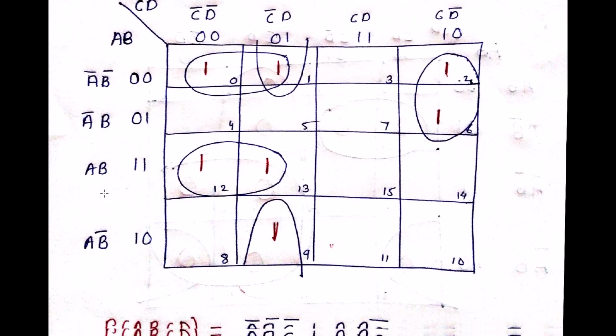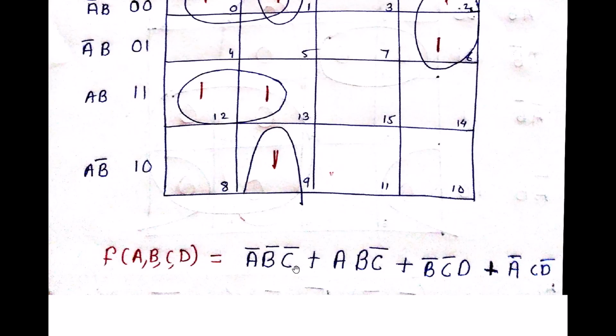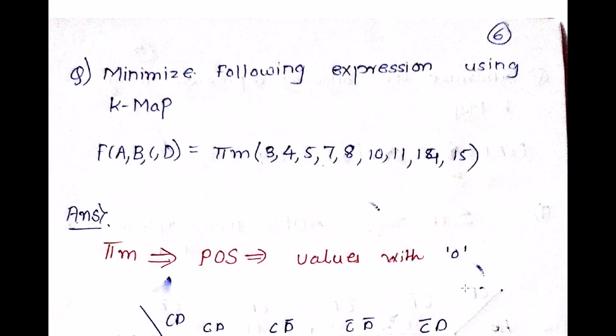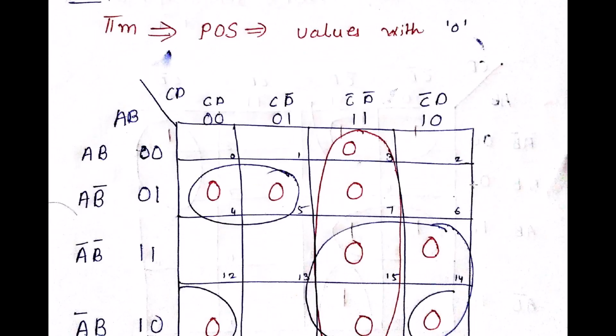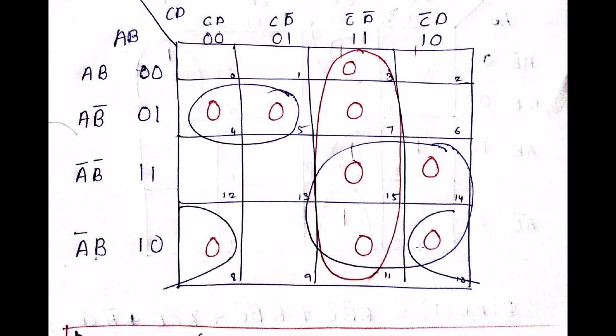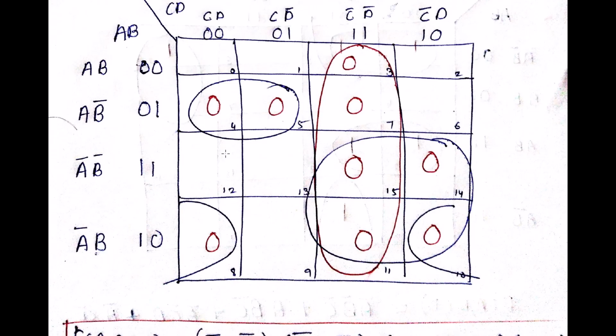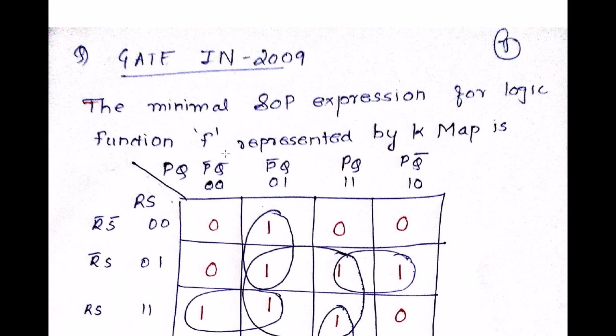It is going to be sum of products, so all the individual values are going to be products, and then it's going to be a sum of them. Similarly, your pi m is product of sums. It's going to be indicated with 0, as you can see over here. And most importantly, the grouping is possible with the kind of rules which I told you. So make those groupings over here and move ahead.